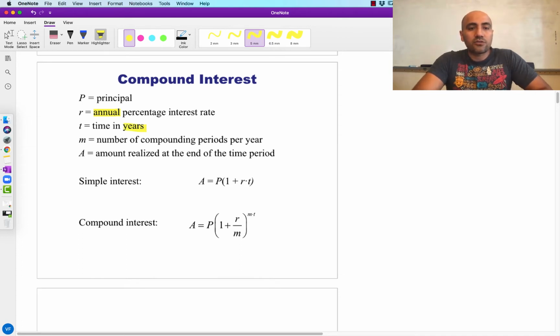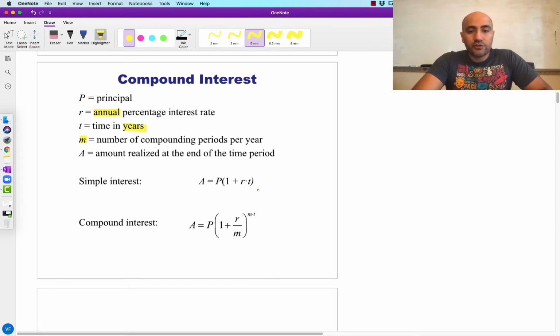So the interest rate and time is always by default given in years. And then we use the letter M to represent the number of compounding periods per year. And then capital A is used to represent the amount realized at the end of the time period. So the complete balance on your account at the end of the time period.